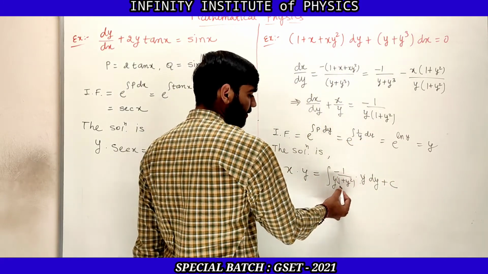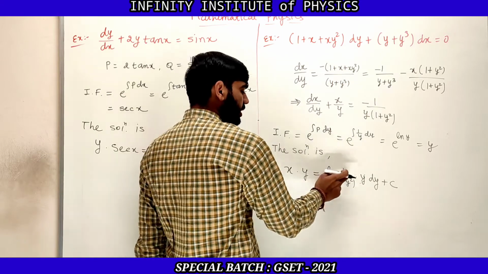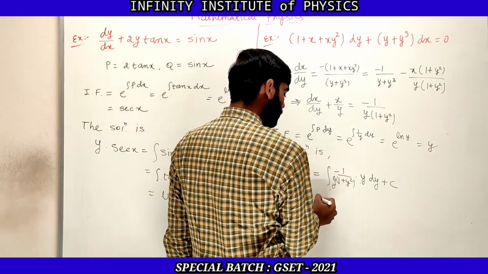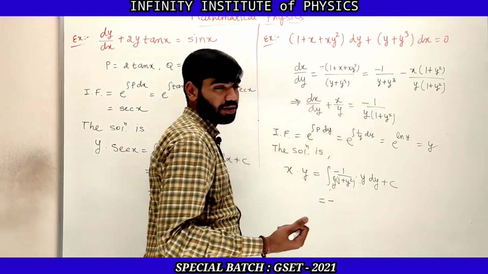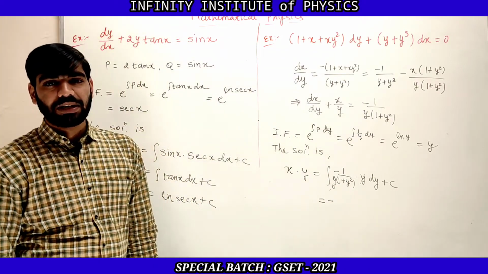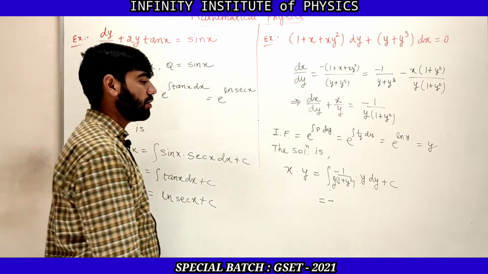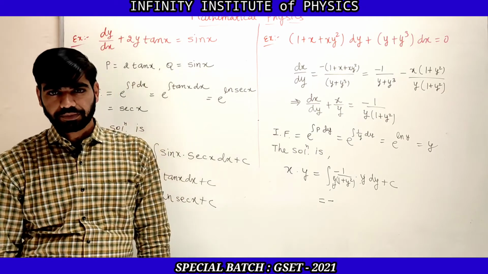Now y will cancel out. The remaining term is only minus of integration of 1 upon 1 plus y square.